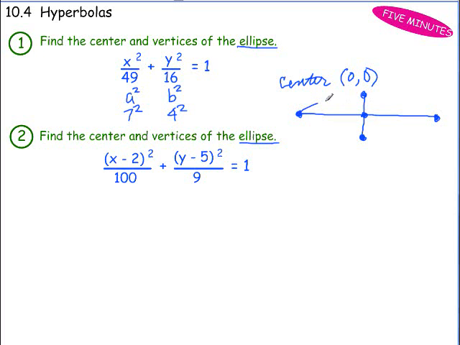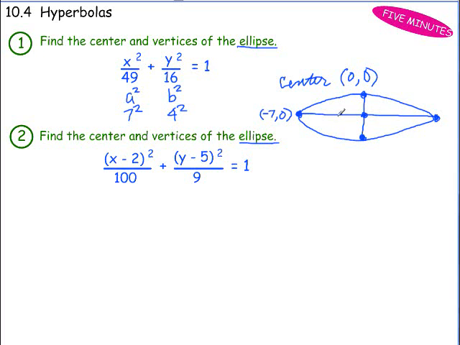So if I were to draw my ellipse, I guess this is not a very good drawing, but you get the point. What are my coordinates of this vertex? It's -7 and 0.